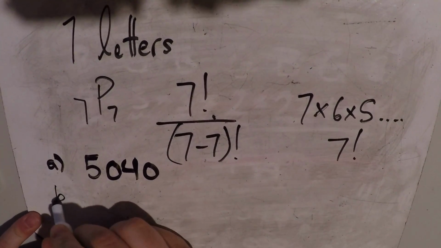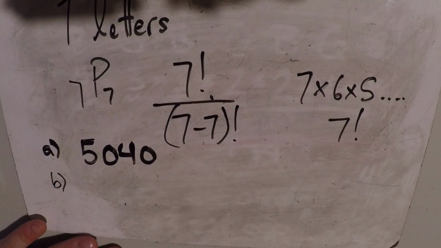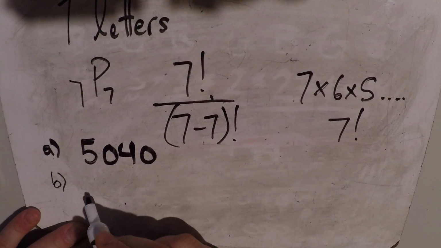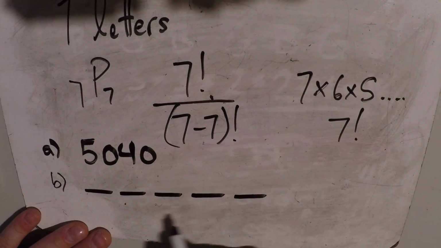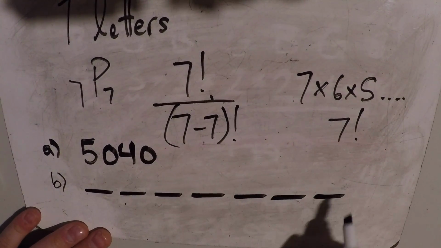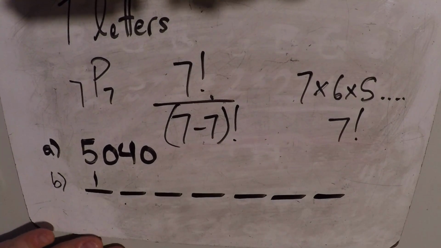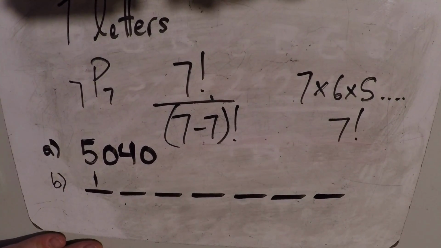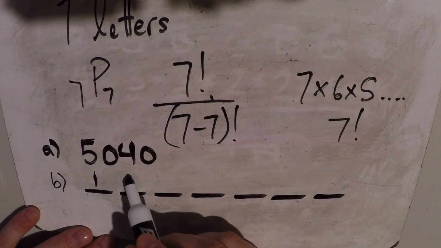Okay, for letter B, we want to deal with the restrictions first. The question says the first letter must be an N. So we have 1, 2, 3, 4, 5, 6, 7. There's only 1 N in the word oranges. It needs to go first. Otherwise, there's no other restrictions.